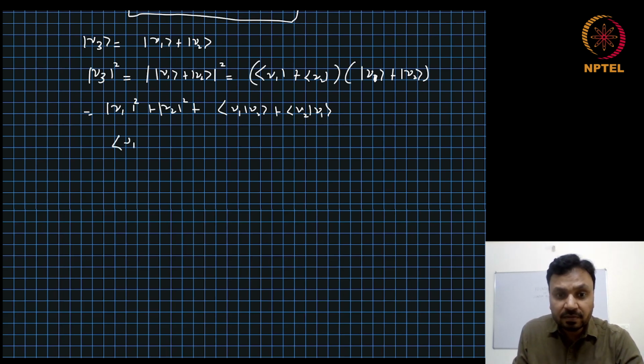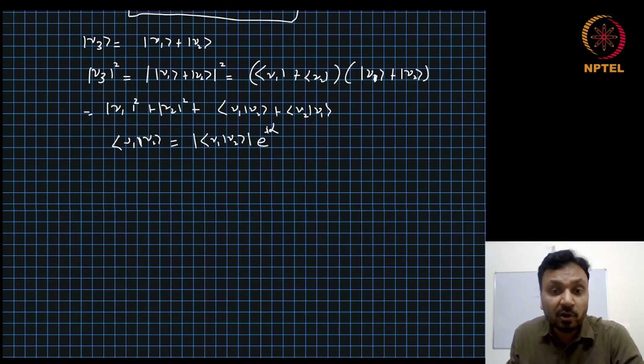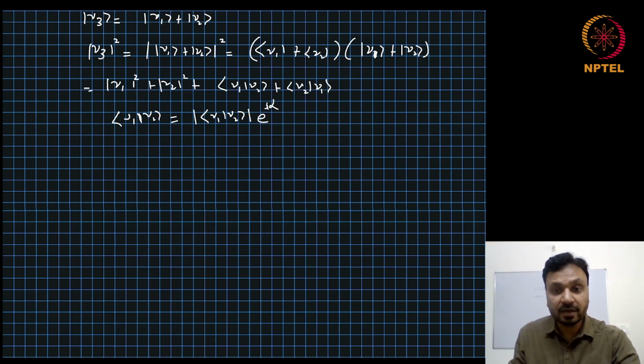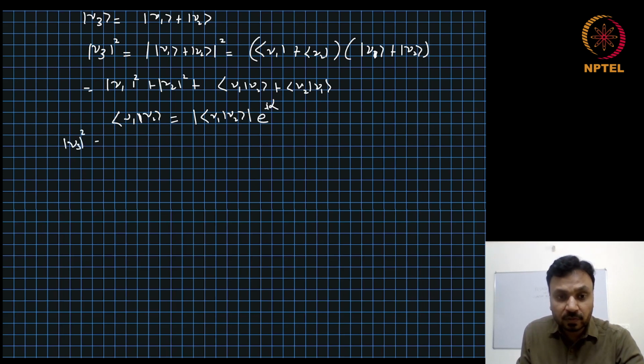Now v1 v2 is a complex number if our field is complex, so we can write it as the norm of it times the phase factor. So it's a polar decomposition of a complex number. Any complex number can be written as a real positive number times a phase factor. So exponential of i alpha is our phase, and the rest is our norm. So v3 mod square can be written as v1 mod square plus v2 mod square plus mod v1 v2 exponential of i alpha.